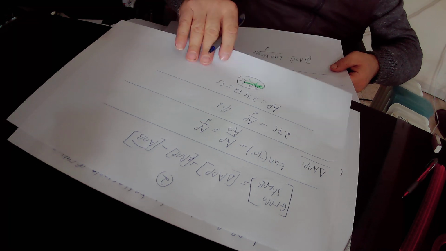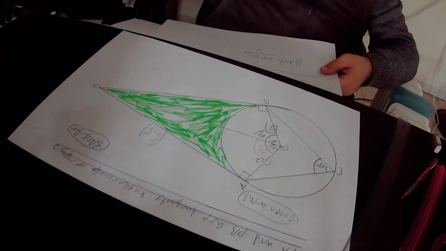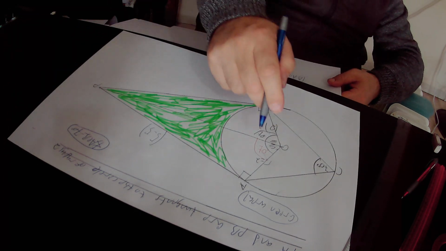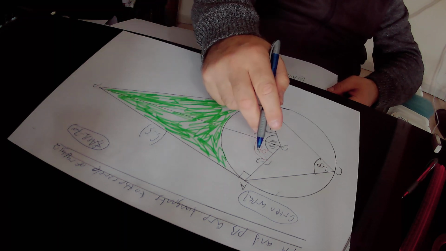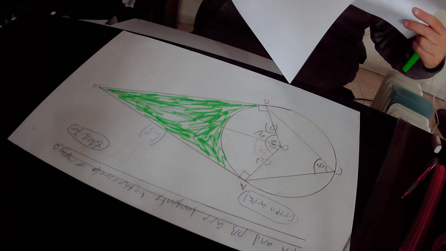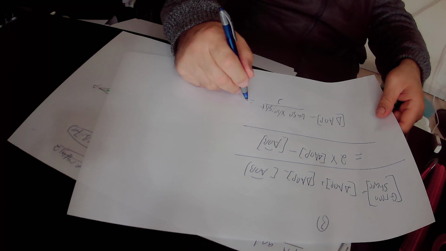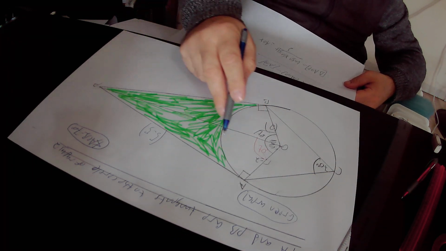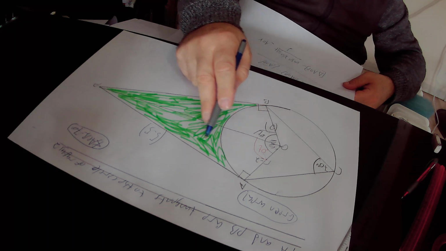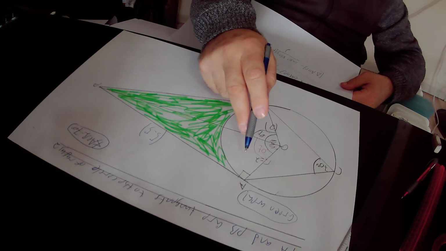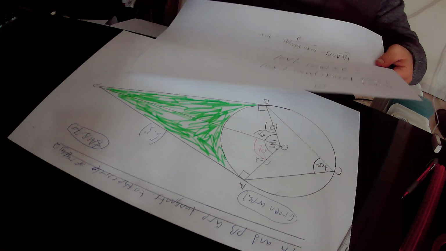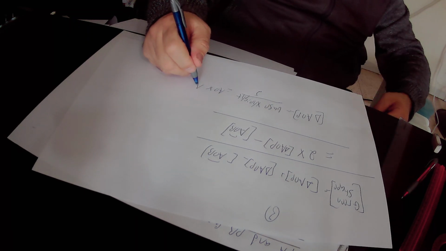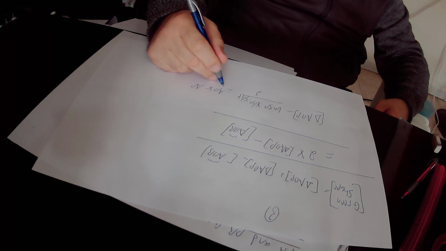So we take the base of this right triangle AOP, which is AO, times the height to the base, which is AP. Why? Because AP creates 90 degrees with the base, so the height is AP, over 2.